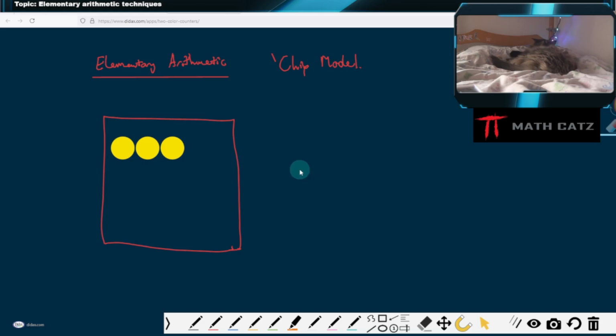Unfortunately, there is a very mean bully, and they come around and pick on us and take 2 of our pieces of candy. So they reach into our bag and they remove 2 of the candy bars that we had. Now we have just 1 piece of candy.